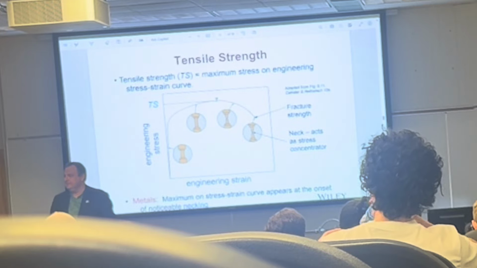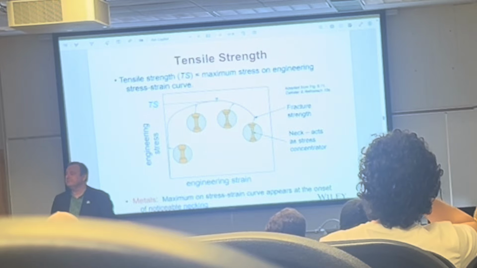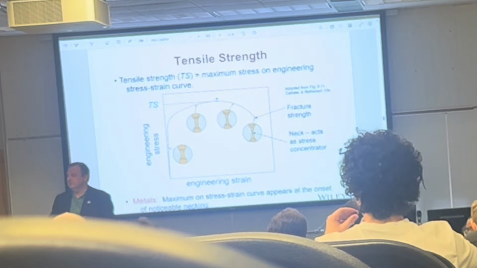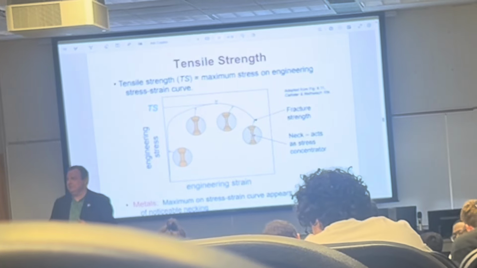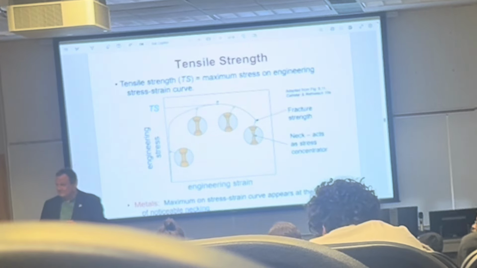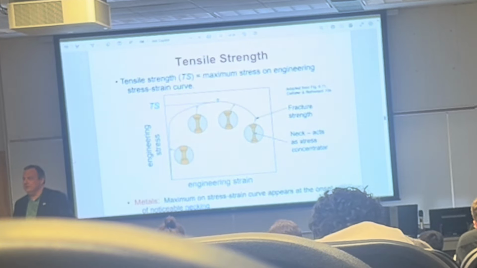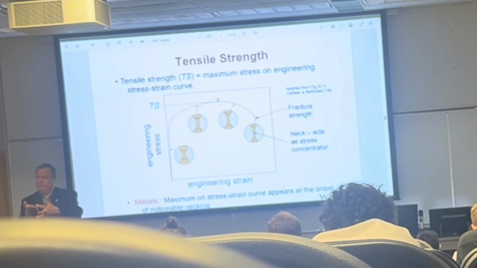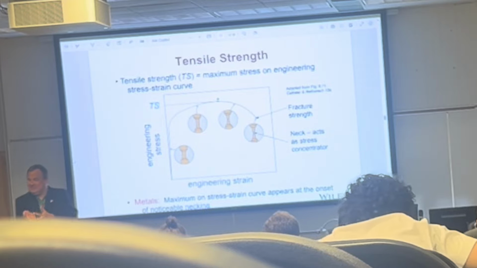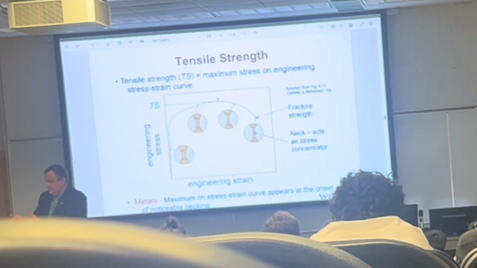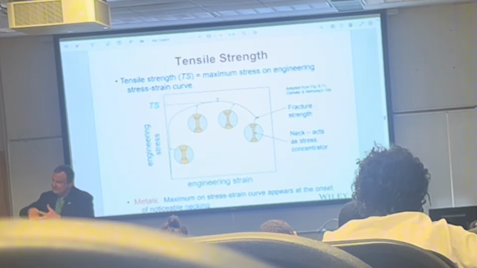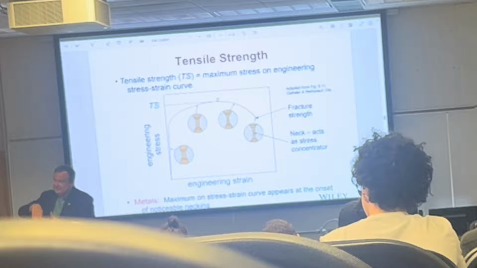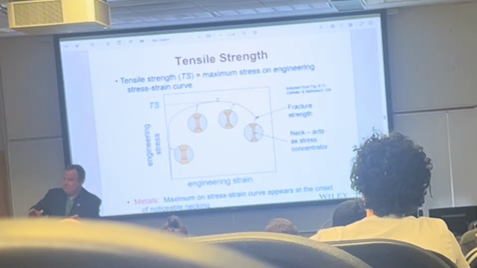Yes, sir? Yes, there will be shear right away, and I'll tell you why. The shear will be on arbitrary planes inside this material, because this force in the vertical direction all of a sudden has a projection onto this plane, and if it is in that plane, that's shear.